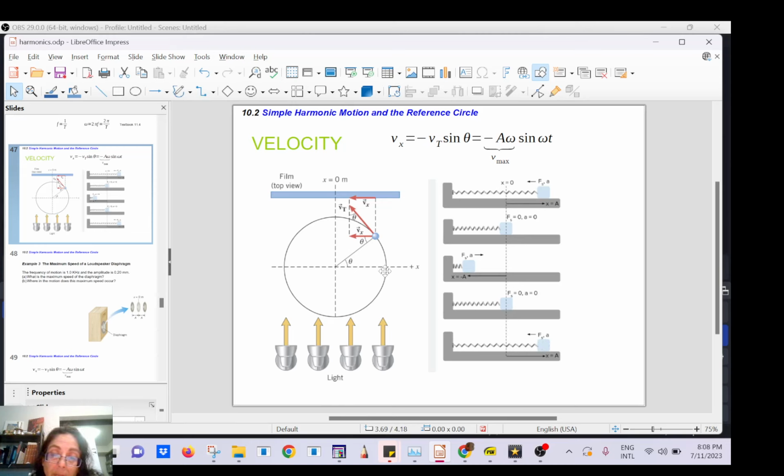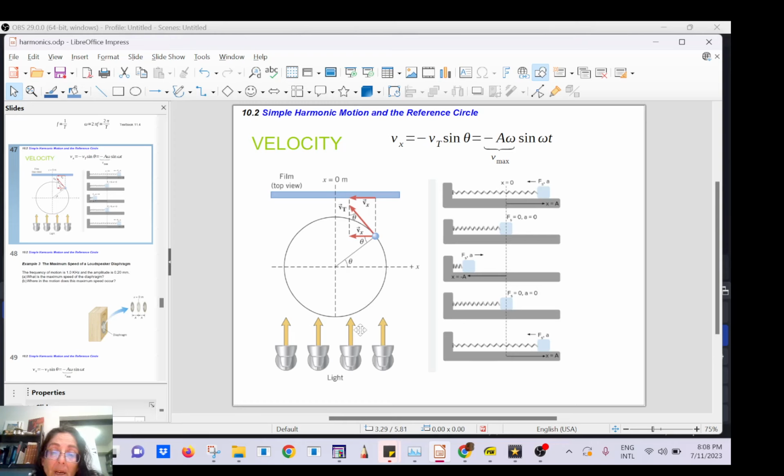Now, if you have a mass going around a circle at a constant speed, the speed is constant. The period is the time to go around once. Imagine you have light here, and you project that mass on the screen, like I showed you last time.